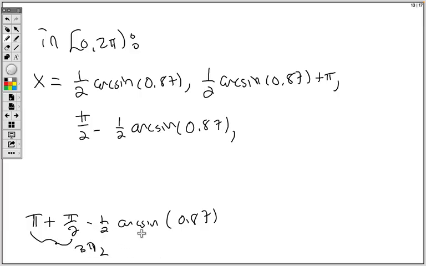So 3 pi over 2 minus a positive number would be certainly less than 2 pi, and it's going to be bigger than 0 because this is less than pi over 4. So that would be 3 pi over 2 minus 1/2 arc sine 0.87. If I added another pi, I'd be at 5 pi over 2 minus something that's less than pi over 4, and that would be more than 2 pi.